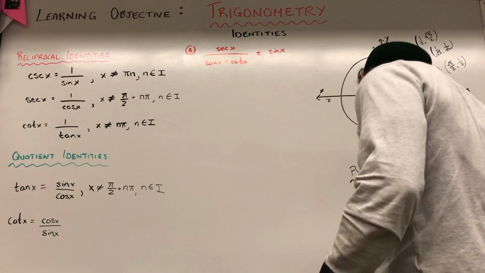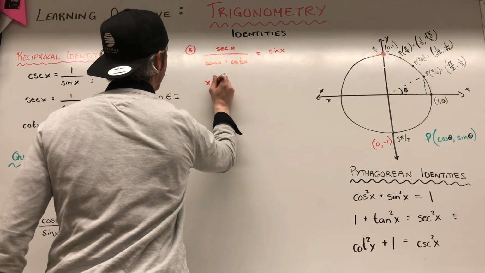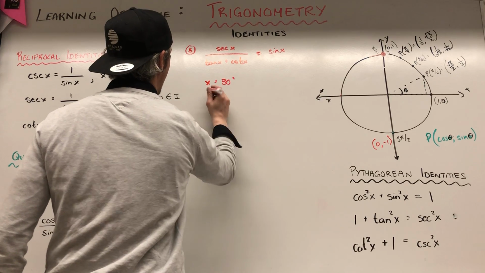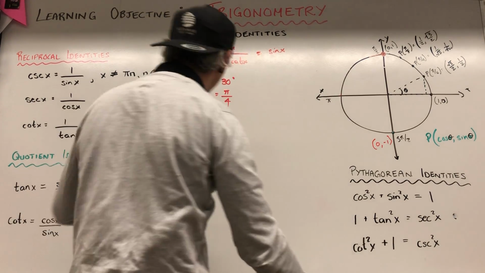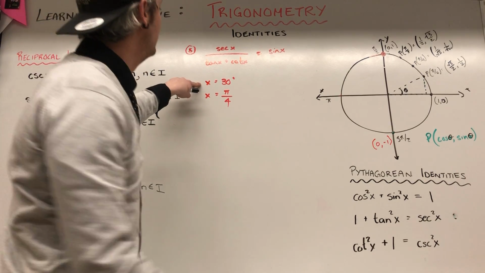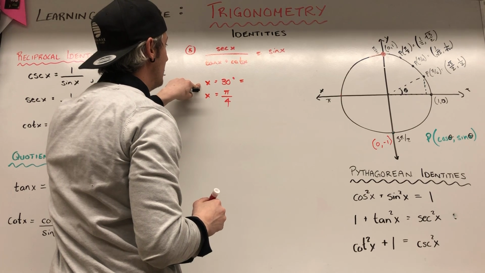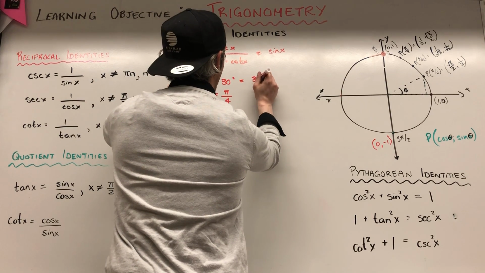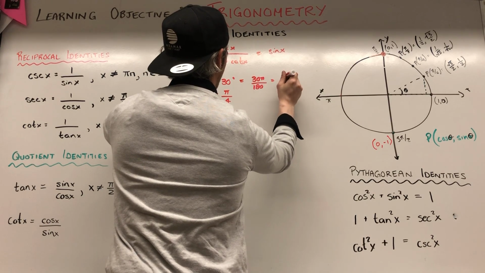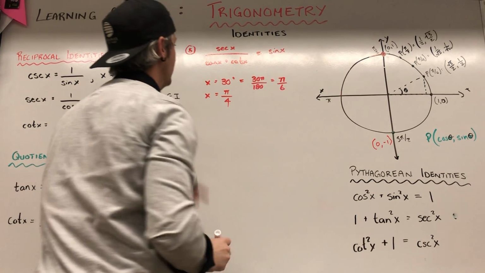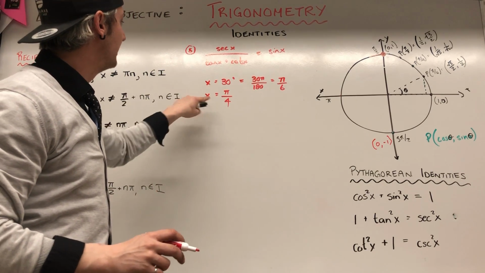They say to verify that this is true for x equal to 30 degrees and x equal to 45 degrees, but they give it to us as pi over 4. So first, let's turn x equal to 30 degrees into radians. We multiply it by pi over 180, so we get 30 pi over 180, or pi over 6. Great. So they want us to check that this is true for pi over 6 and for pi over 4.